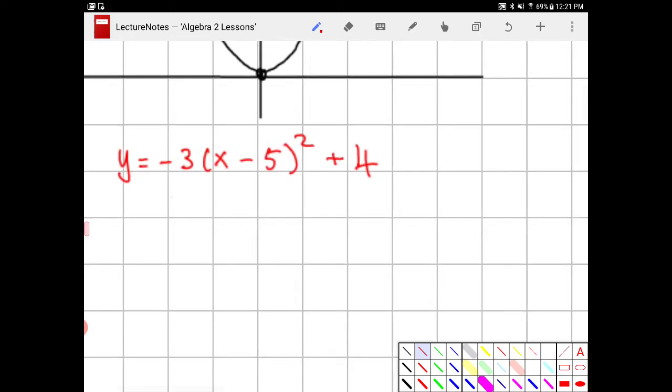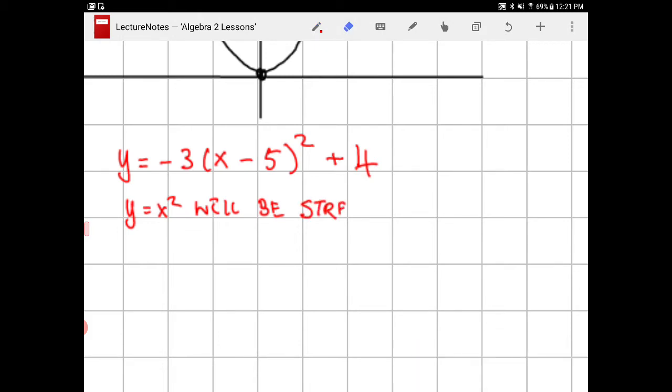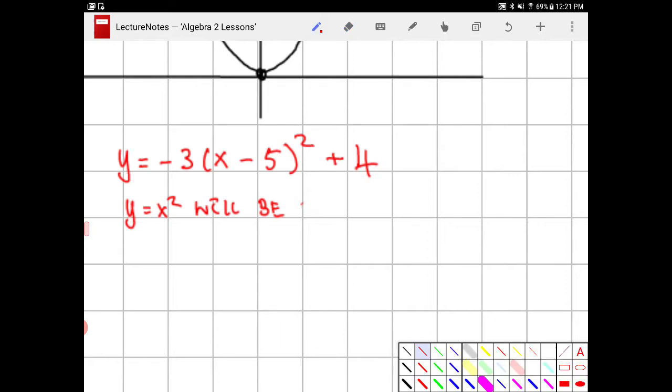Well, what would happen here is the parabola y equals x squared will be vertically stretched. Actually, it will be flipped and vertically stretched.